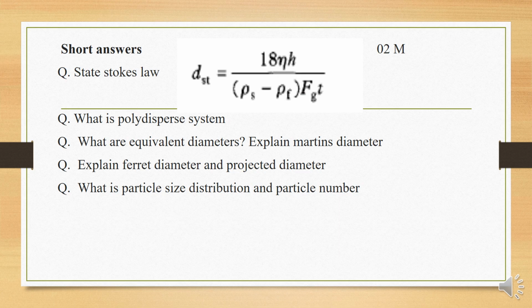So you can see this portion under your eyepiece or optical microscopy. Then we may get some more questions from the particle size distribution also. So you have to study that part also.